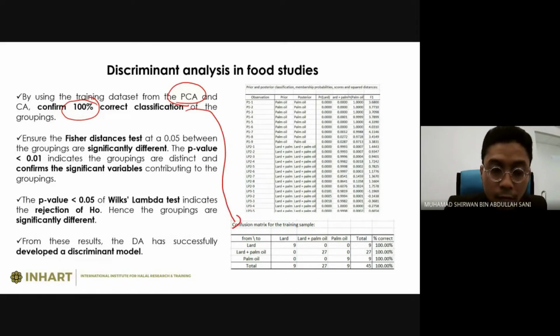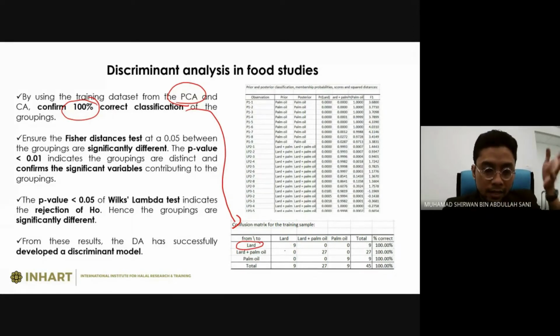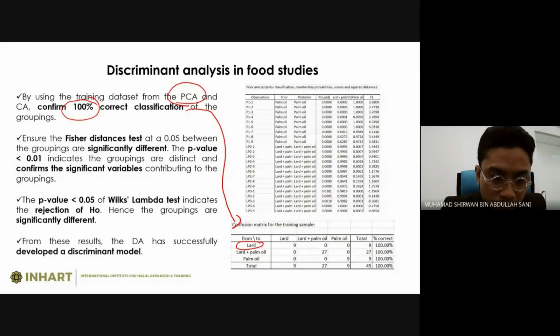For example, you have fish feed with lard, and the total you prepared is 9. You conduct this DA and look at the prediction result. You have a total of 9 fish feed containing lard, and the DA is able to predict that the 9 lard samples are lard. So they get 9 out of 9, which is 100%.